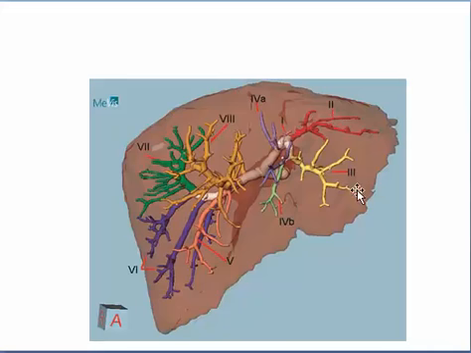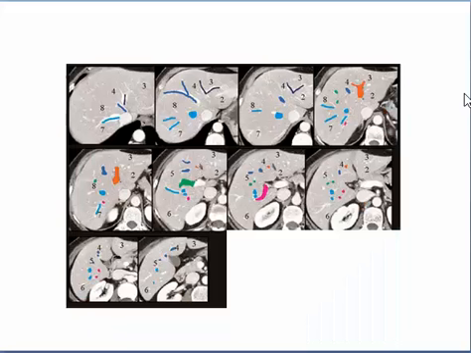So 2, 3, 4, 4, 5, 6, 7, 8. If you look here, we consider the anterior part or the left lobe is 2, 3, 4, 4.